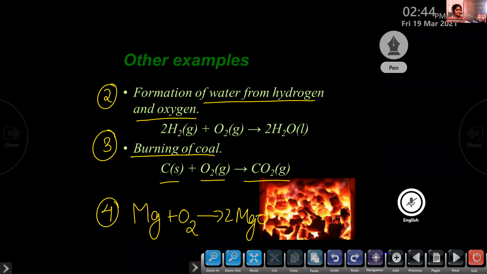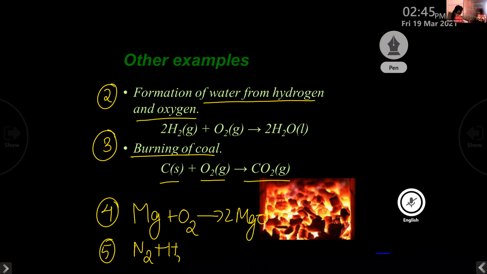Can you tell me any other example for this type of reaction, combination reaction? One more example, that is N2 plus H2 giving NH3.